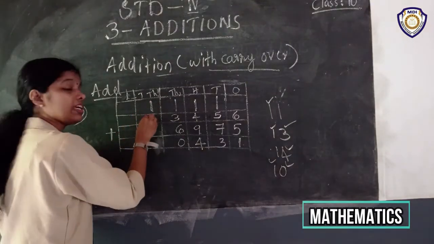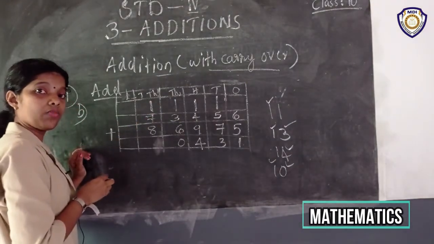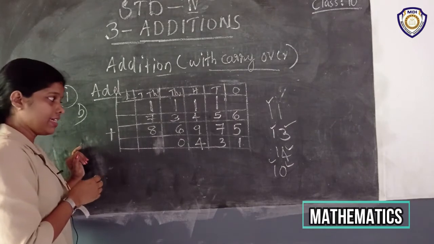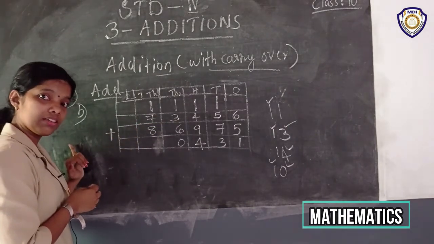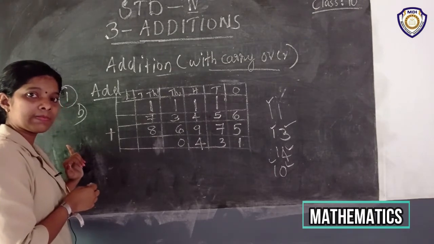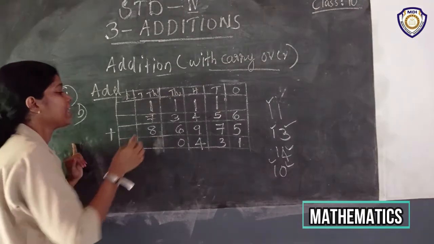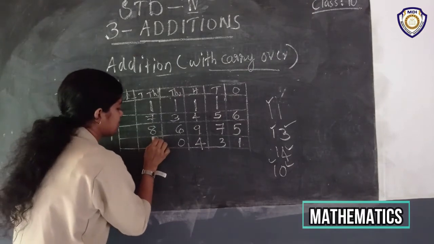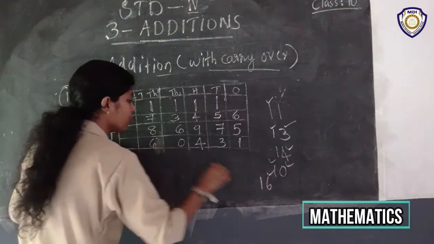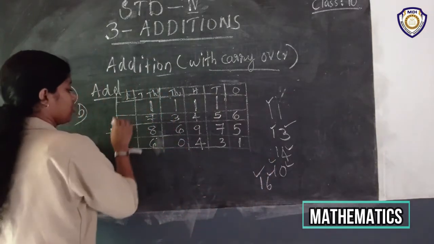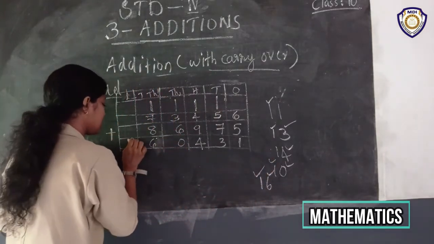Then 1 plus 7, 8. 8 plus 8, 16. Right, 6 is here. 1 is carried to the lakh place.